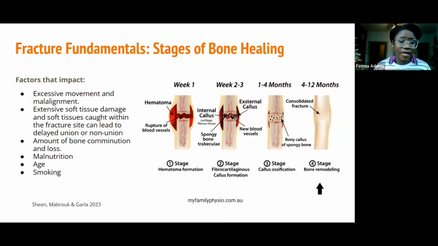Factors that are going to affect healing of bone: excessive movement and malalignment. So that's where your splinting comes in and your patient education, because if you're able to place the patient in a good position, then that limits the excessive movement that would affect their ability to heal the bone. Soft tissue damage and soft tissues that are caught within the fracture site can also affect bone healing.